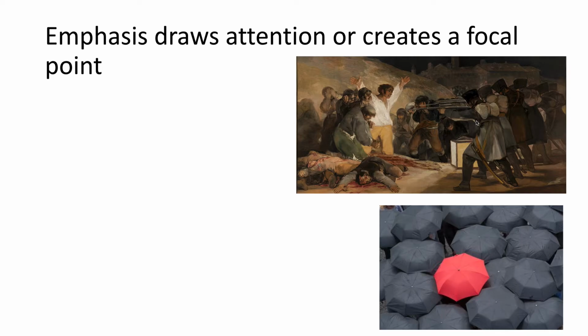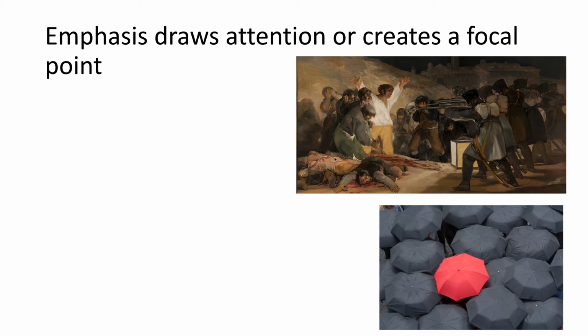This is a famous painting. I think this is like the Spanish Revolution, and Goya is the painter, and this example shows emphasis on the man who has his arms up and the guns are pointed at him, and you can see that he is the focal point because of this light that is on him.